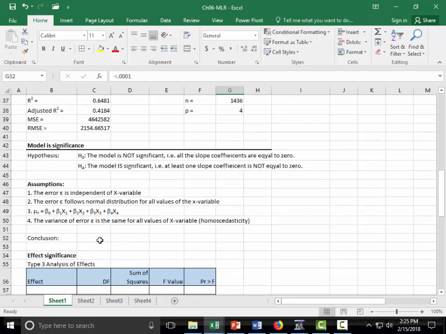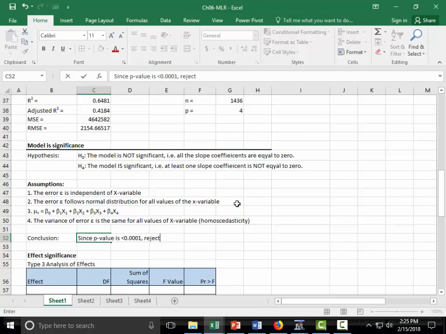So our conclusion is what? Since the p-value is less than, it's very small, so what do you do? Reject or do not reject?